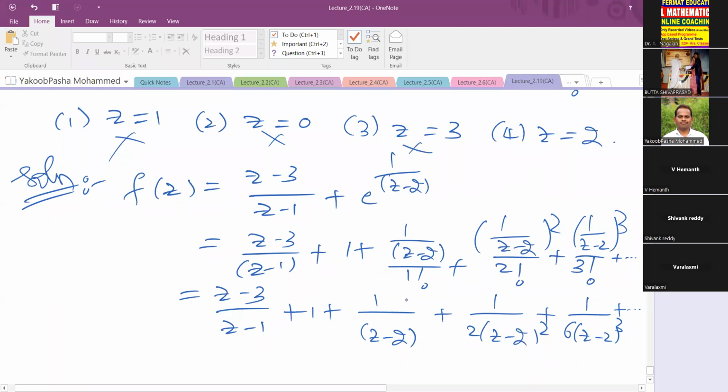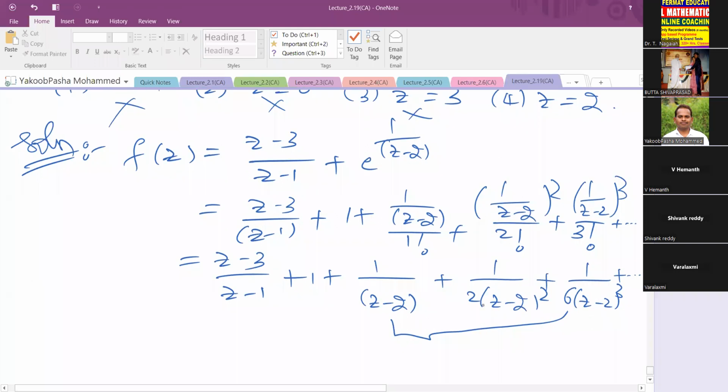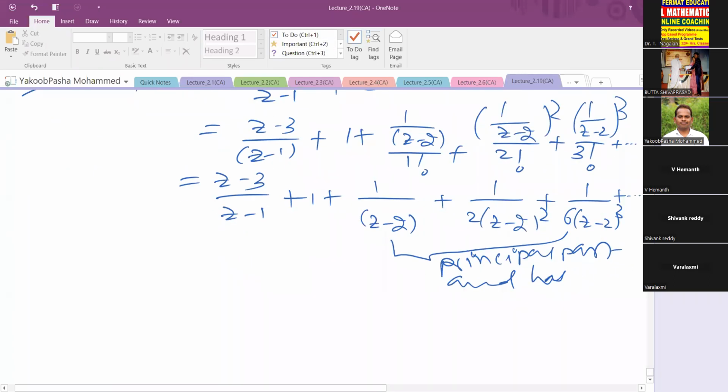At z is equal to 2, this part is called the principal part, and this principal part has infinitely many terms.